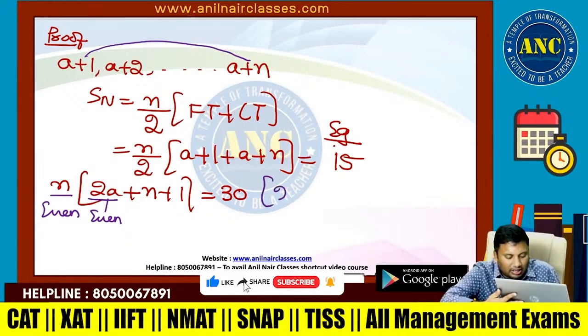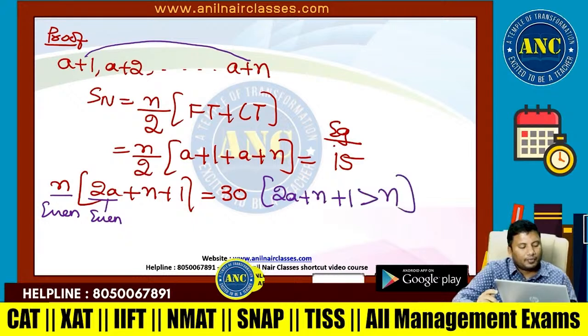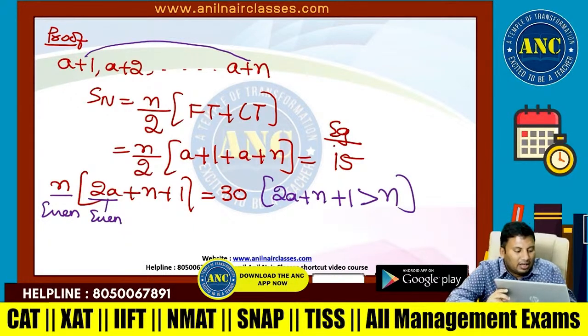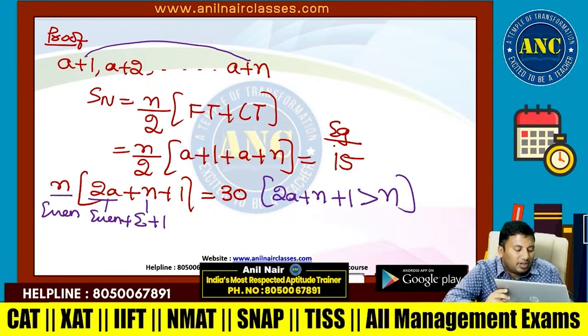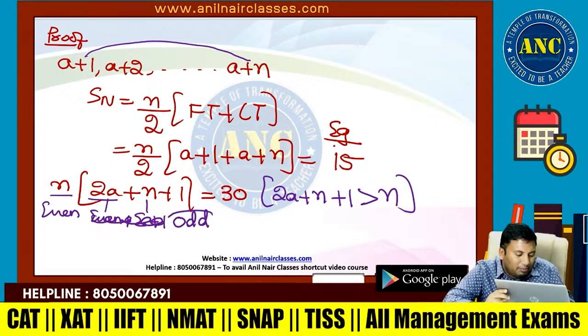Just by looking at the question, we can say that 2a plus n plus 1 is greater than n. If n is an even number, 2a is an even number, and even plus 1 is odd. If n is even, this number will be odd.